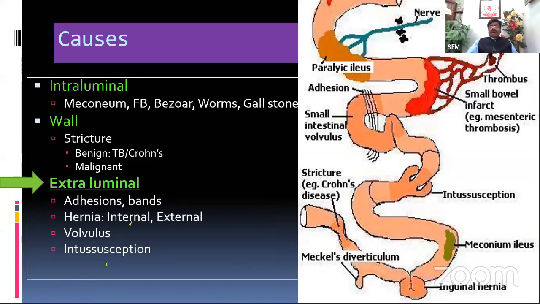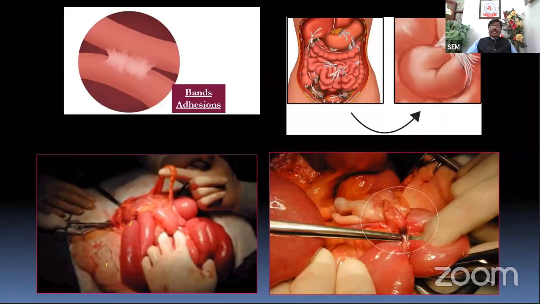Extraluminal, I told you, has a humpty number of causes. And the two common causes are adhesions and bands. Whenever a patient undergoes surgery, like a hysterectomy in a lady, or an appendicectomy as a child, you are bound to develop bowel stuck to each other, that is adhesions.